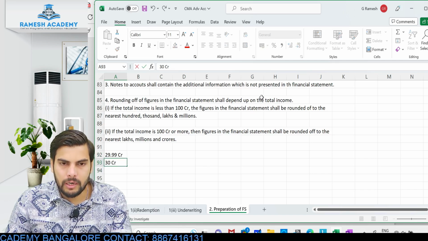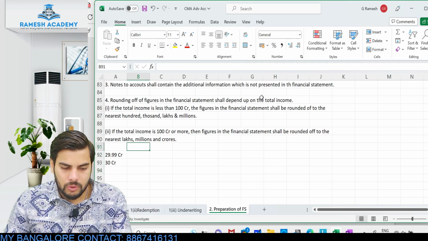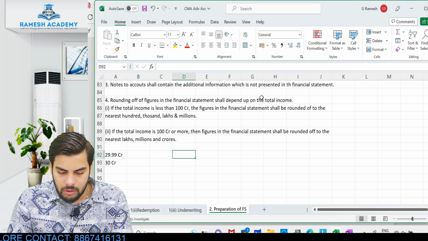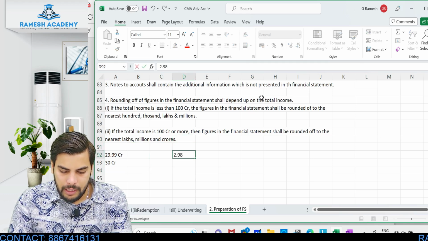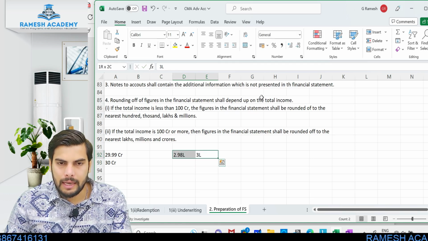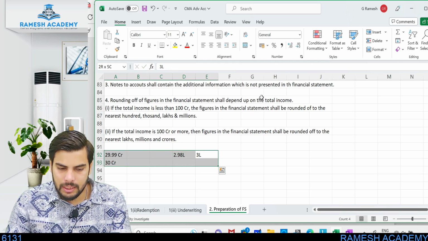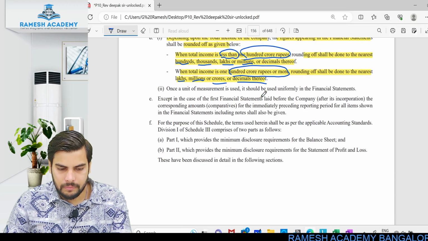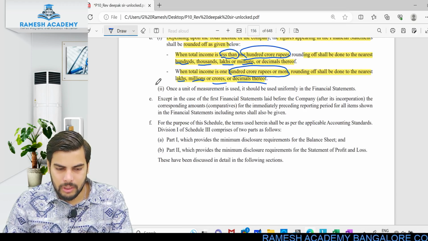Here, if I've got an income like 2.98 lakhs, I can just round it off to 3 lakhs, to the nearest lakh. Hope you guys understood this. Clear? Not much important again from examination perspective.